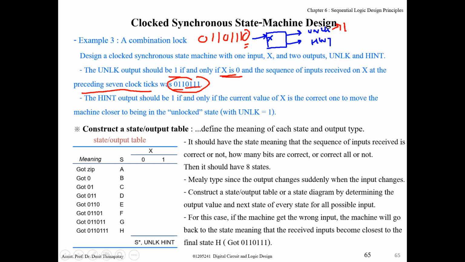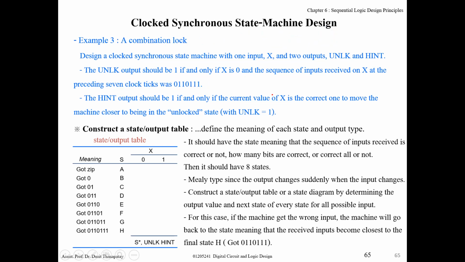So if you consider unlock first, the output unlock will be 1 when the machine gets 0, 1, 1, 0, 1, 1, 1 as the password correctly, and input X is 0.